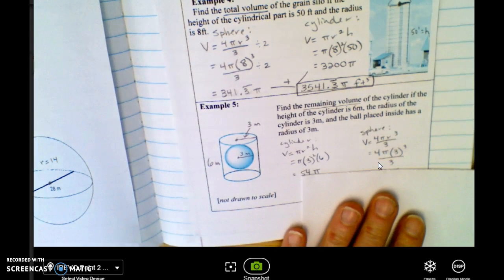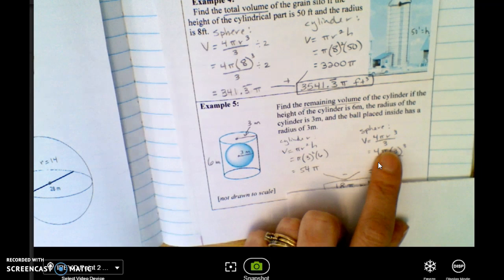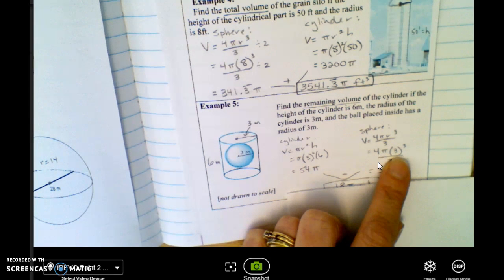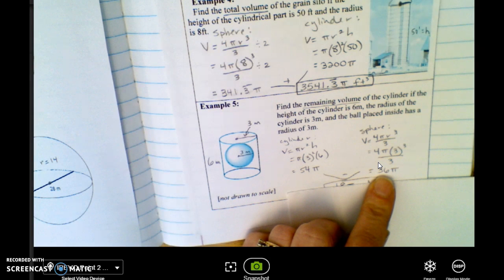Since it isn't empty, we're going to work on the volume of our sphere, 4 pi r cubed divided by 3. So when we do this one, we have to make sure we do 4 times our radius 3 that gets cubed. And then we're going to divide that number by 3. If we get 36 pi for the volume of that sphere, we're in good shape.